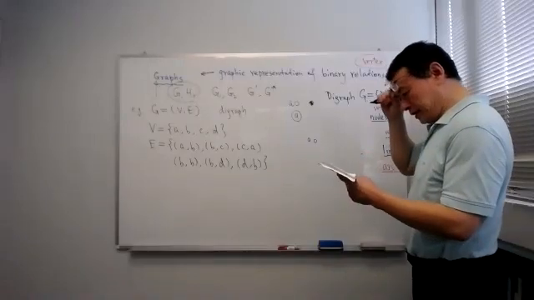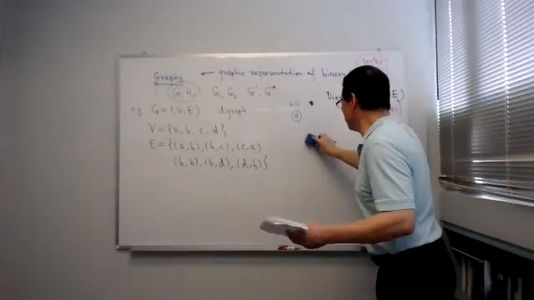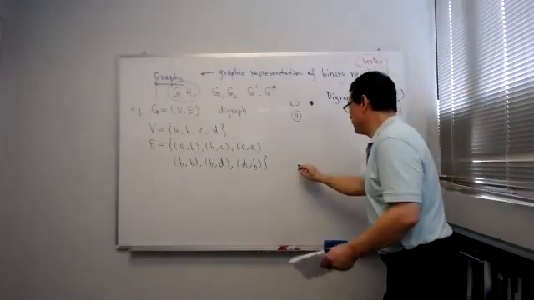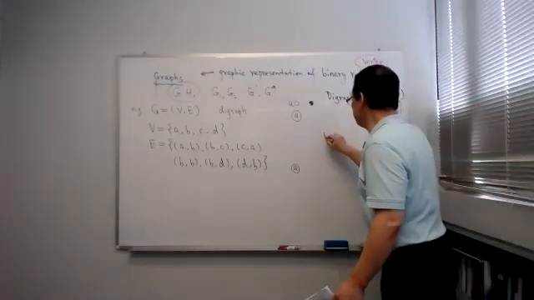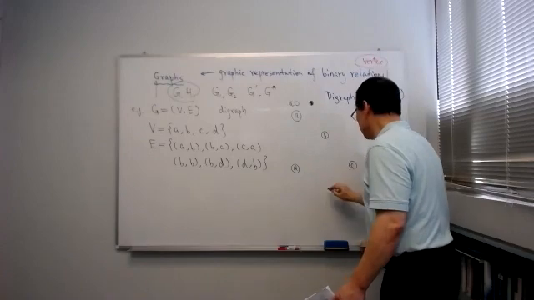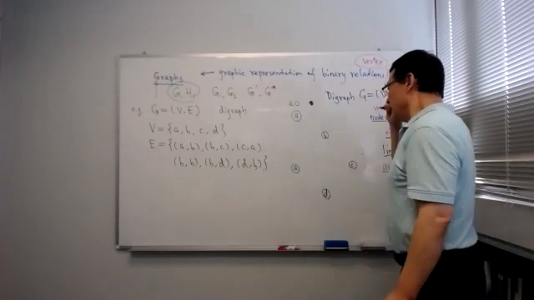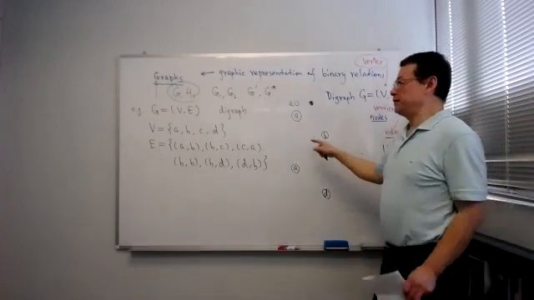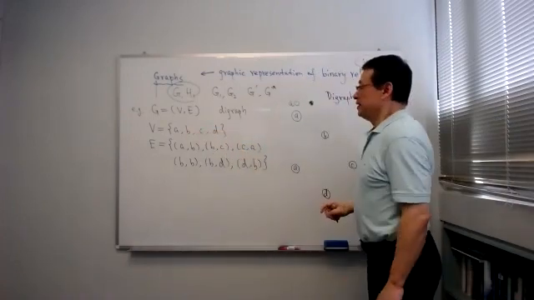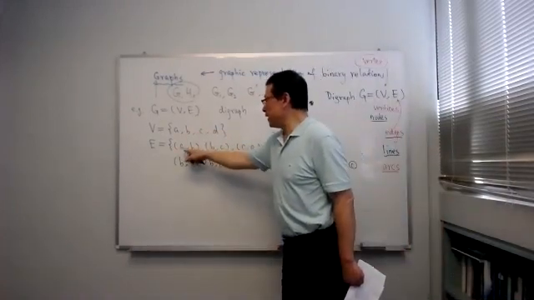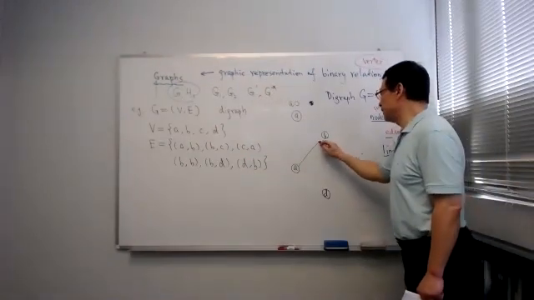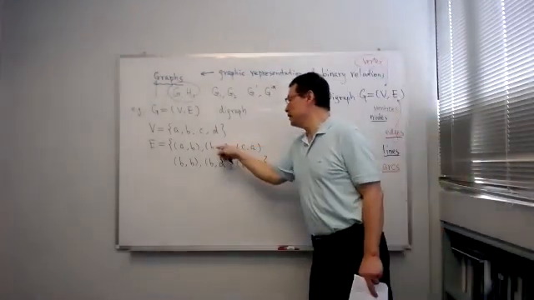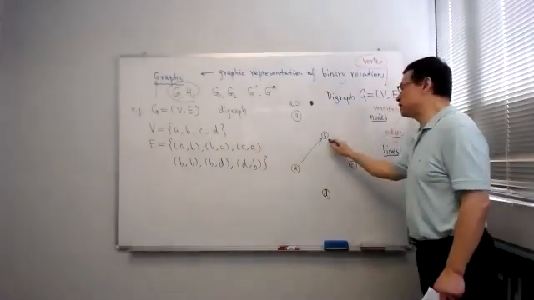So here we can use, say, four circles: A, B, C, D. So we have four different vertices. Then for each edge, say AB, we just draw an arrow from A to B. That's quite straightforward.